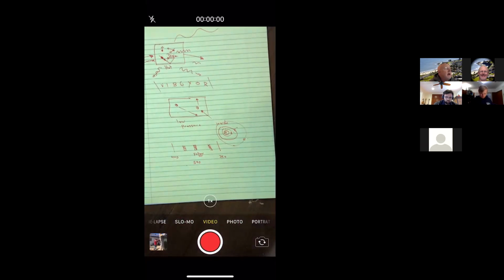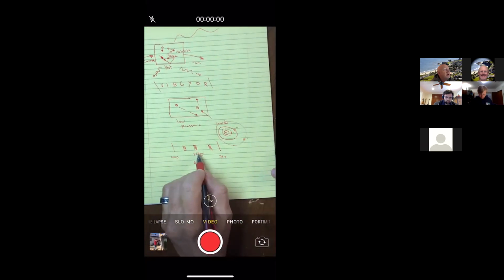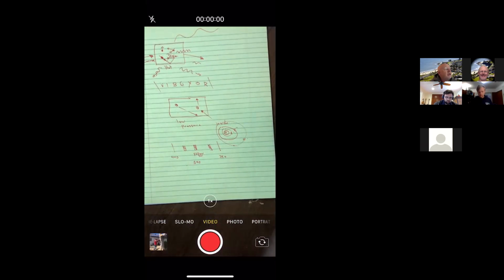So to answer the question, let me read it carefully here. It says the line spectrum, so this is called a line spectrum. A line spectrum occurred with the low pressure gases and a continuous spectrum occurred from the solids. Why is this?